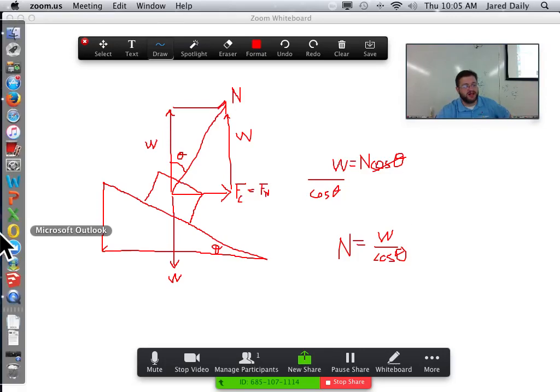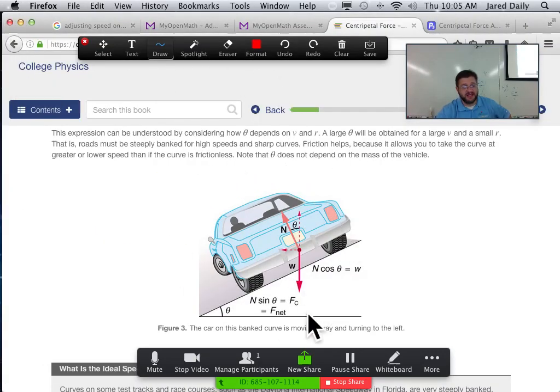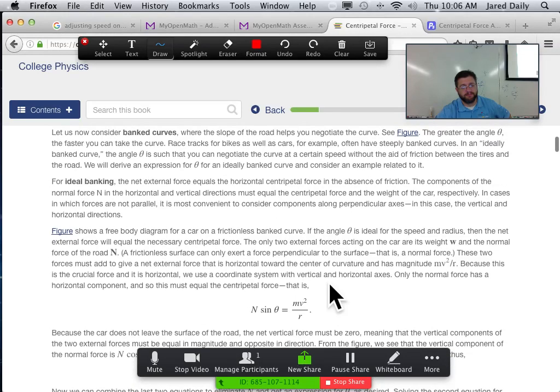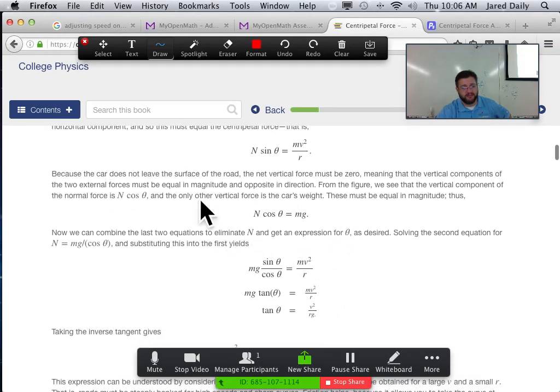So that's the difference there. Sorry for that confusion, but that's exactly what they calculate right here in the example that we did previously. That's this equation right here.